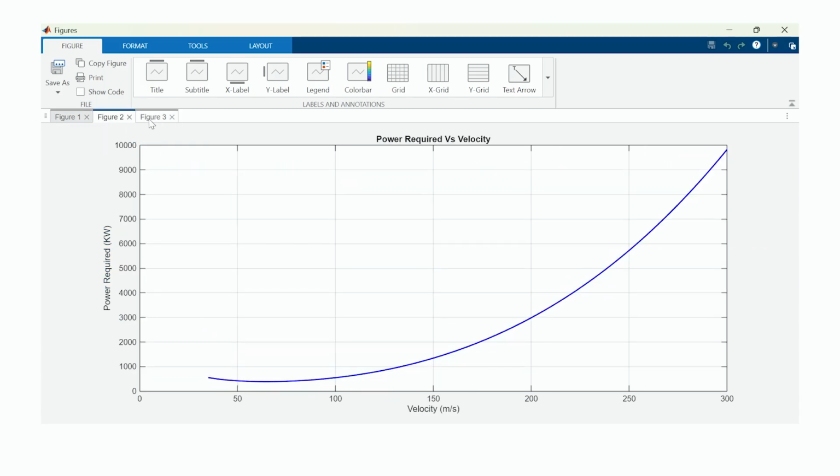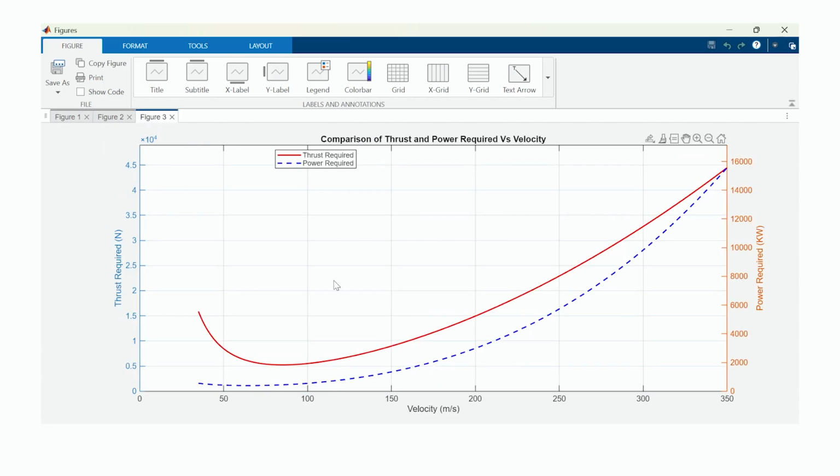So the idea behind figure 3 was we wanted to see what exactly is happening over here. So if you see in thrust required, the minimum thrust required is coming at around 80 meters per second. But what about power required? There is some difference you are able to see over here.